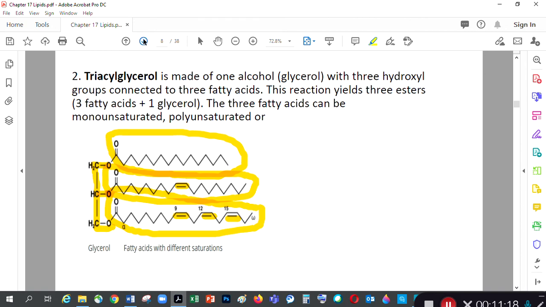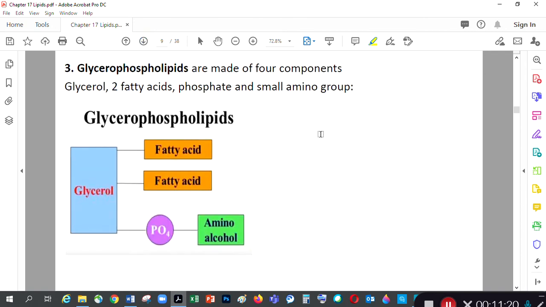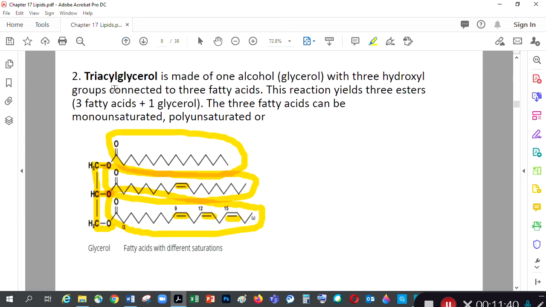Correct? Number 3 is glycerophospholipids. Remember here, we are still using what? Glycerol and fatty acid 1 and fatty acid 2, correct? Now the problem here, we have replaced, if you go up to the triacylglycerol, we have 3 here, correct? So if you look at this, we have 1, 2, 3.